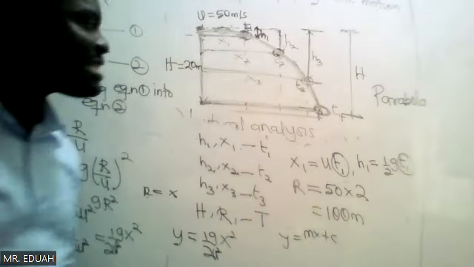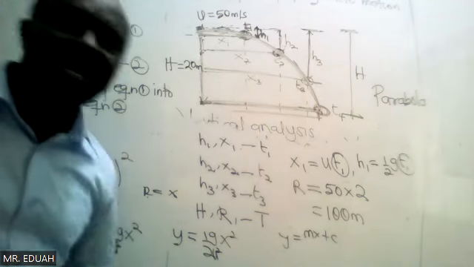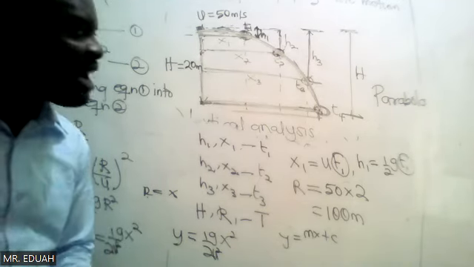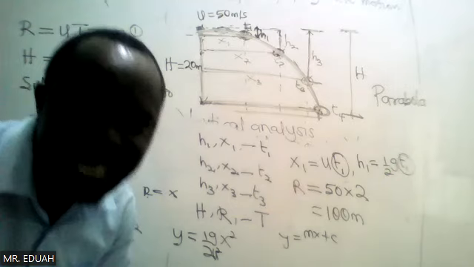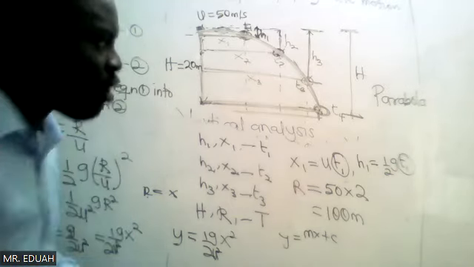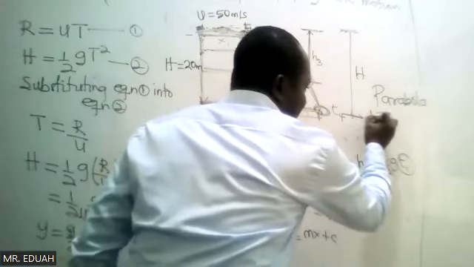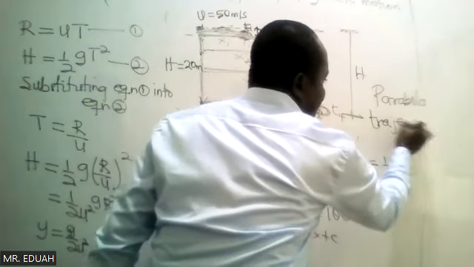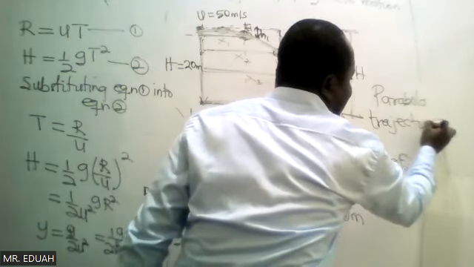And so we said that a body in projectile motion has a parabolic path or trajectory. The trajectory is the path.